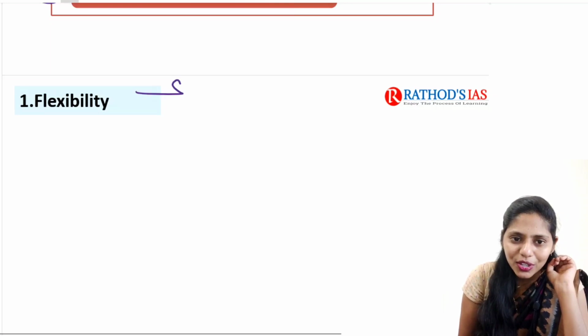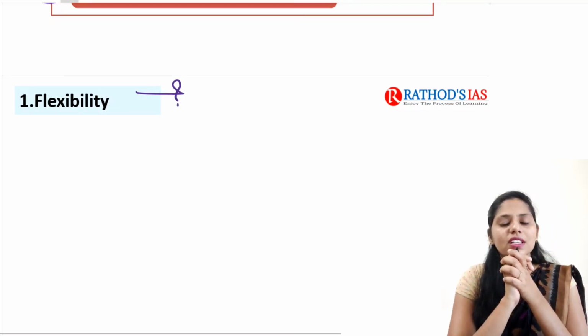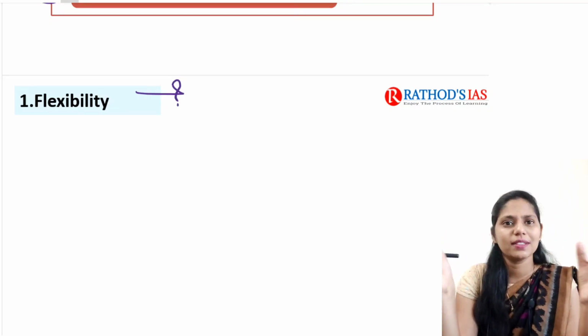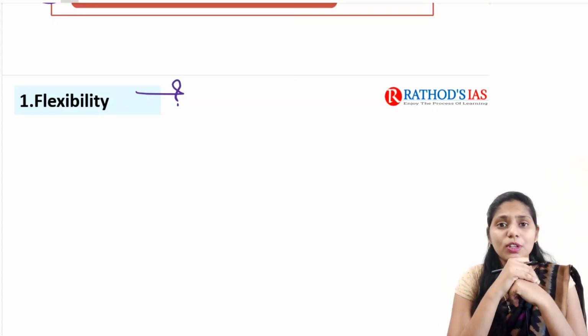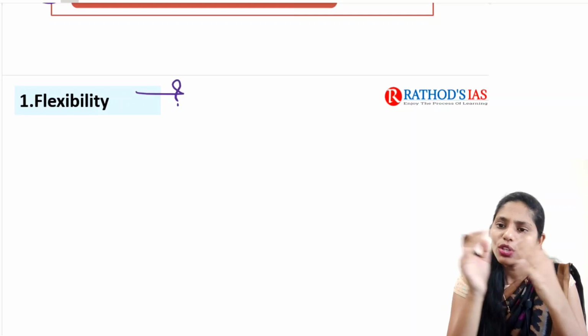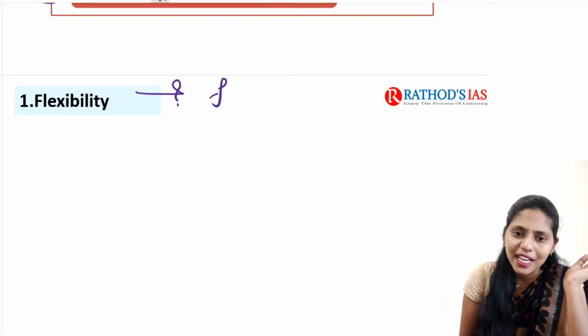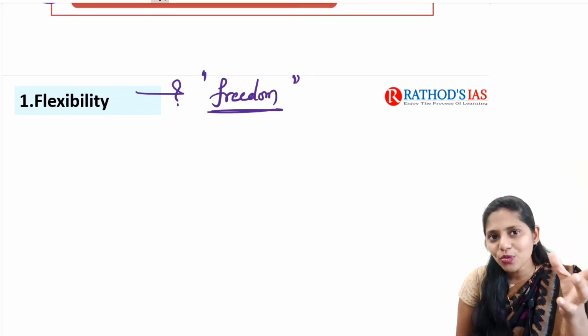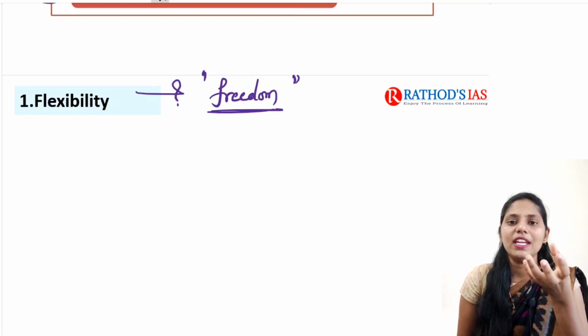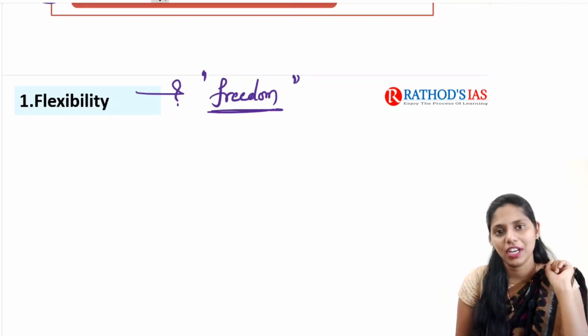What is the meaning of flexibility? You might say, if someone is doing gymnastics, that you are so flexible, your body is very flexible. Flexible is nothing but it implies freedom. Freedom to what? Freedom to adopt any means within a broad framework.